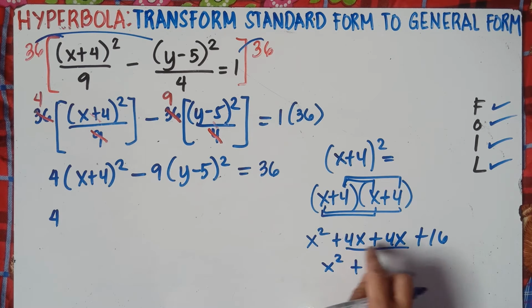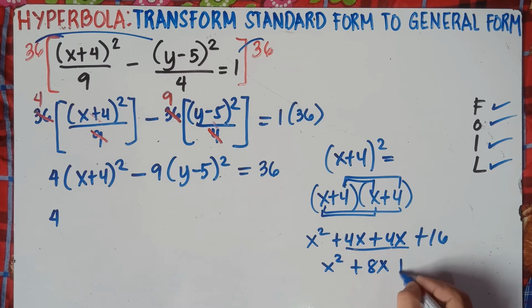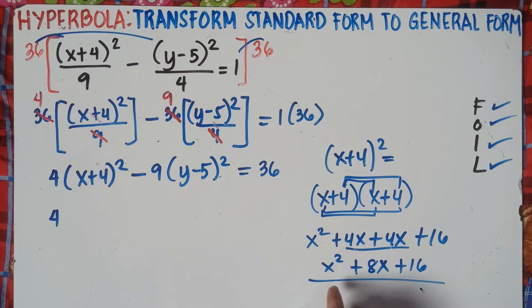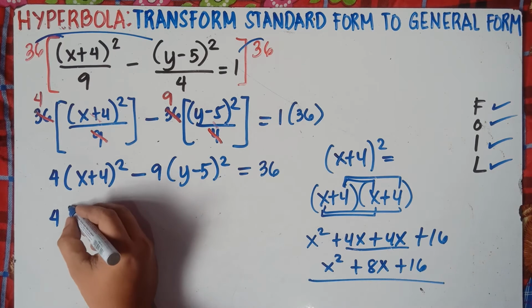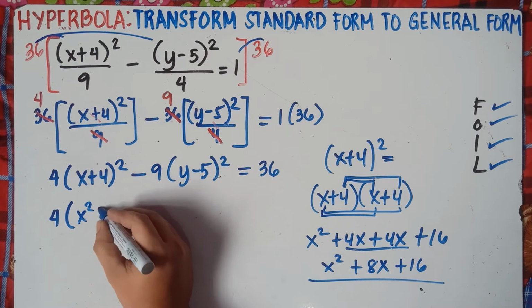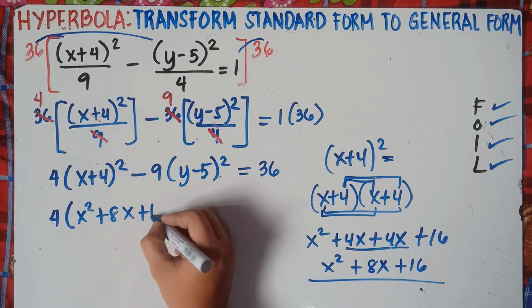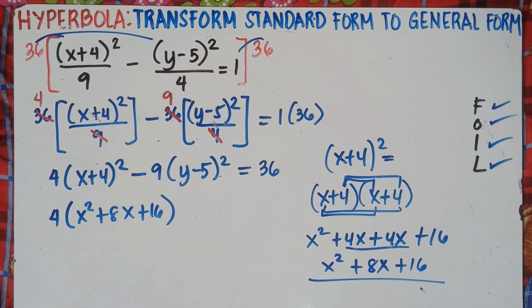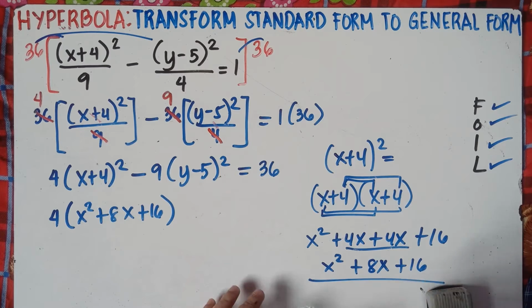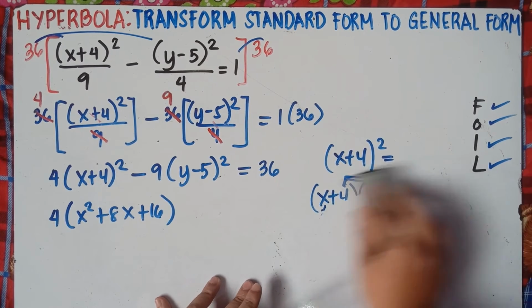Simply add the numbers, 4 plus 4 is 8, and copy the variable x, plus 16. So the quantity x plus 4 squared is x squared plus 8x plus 16, and we have 4 times that. This is the first method, using the FOIL method.